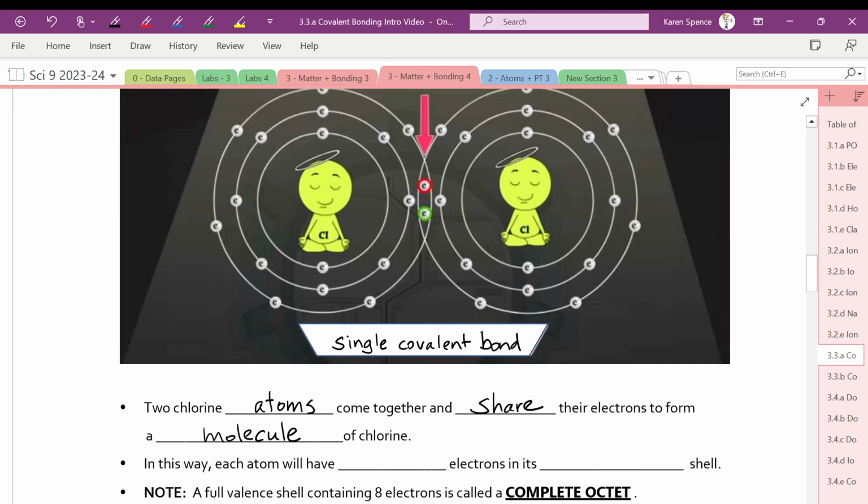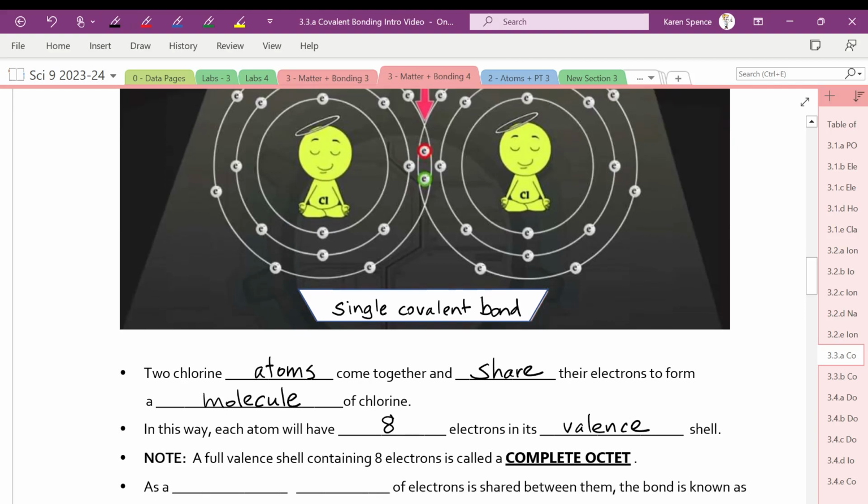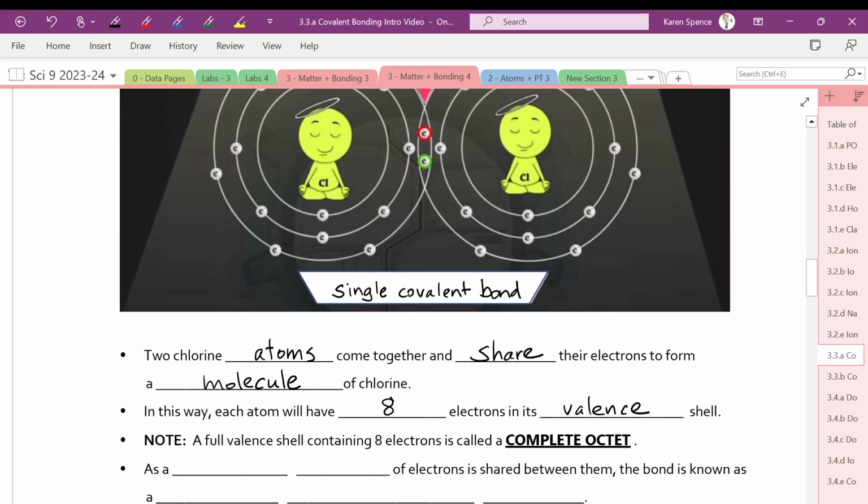In this way, each atom will have 8 electrons in its valence shell. A full valence shell containing 8 electrons is called a complete octet.